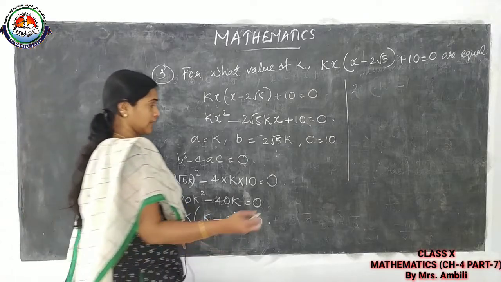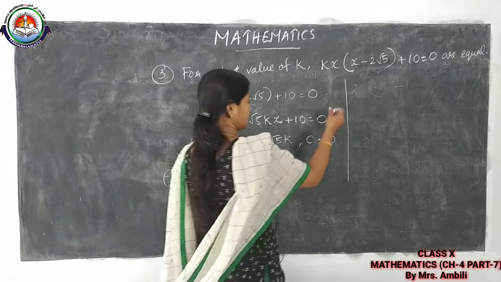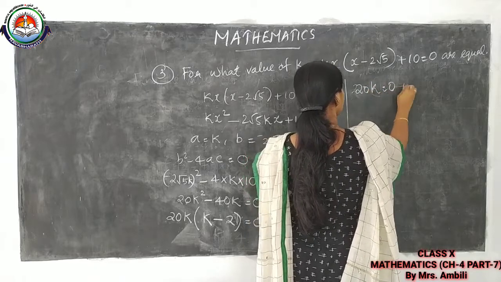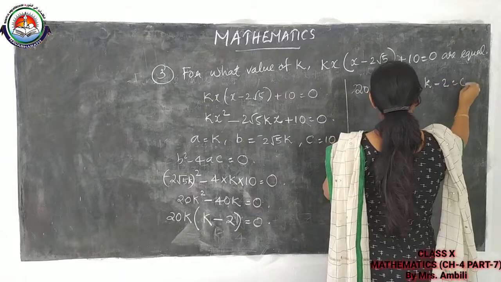So how can we compare? 20k into k minus 2 equal to 0 means either 20k equal to 0 or k minus 2 equal to 0.